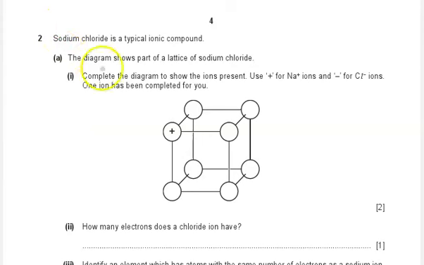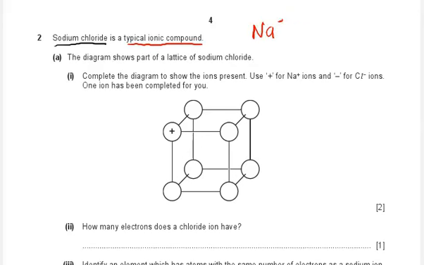Okay, this is the second question. Sodium chloride is a typical ionic compound, so they are formed in this way. The diagram shows part of a lattice of sodium chloride. Complete the diagram to show the ions present.